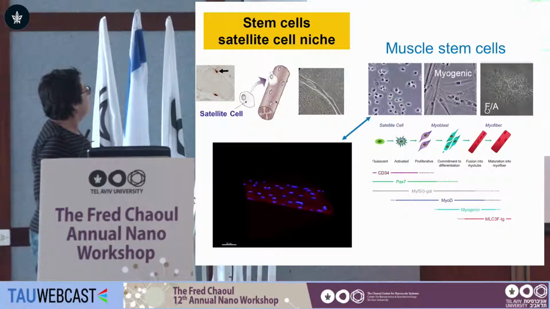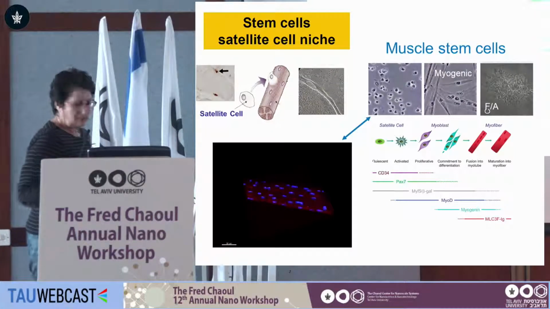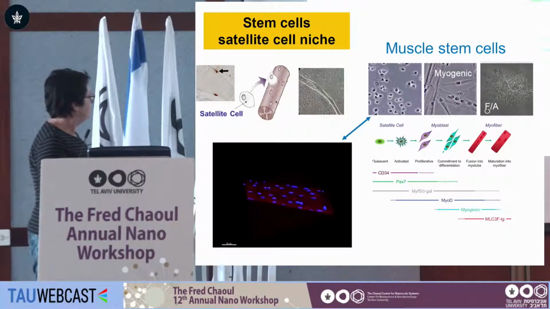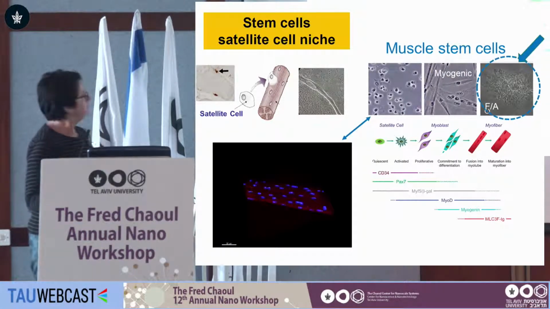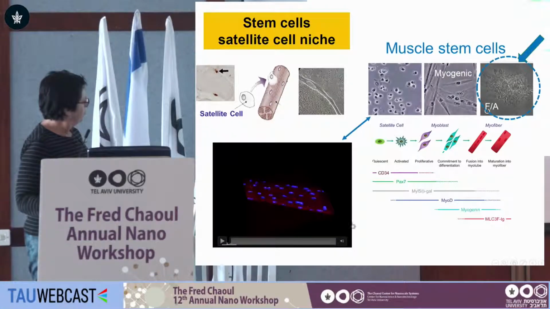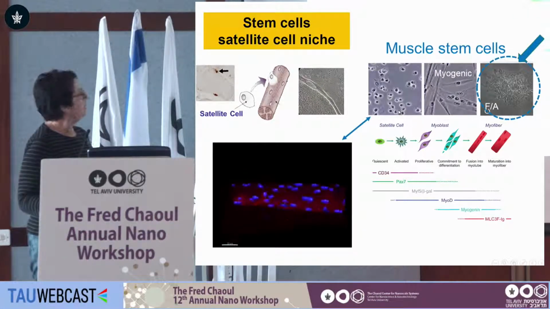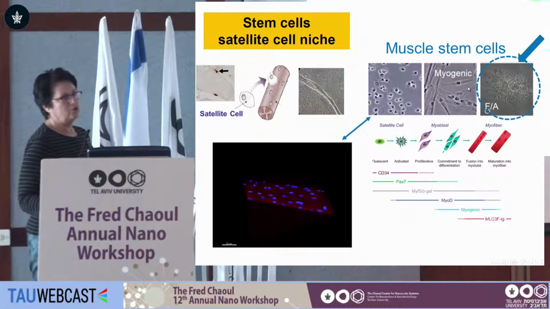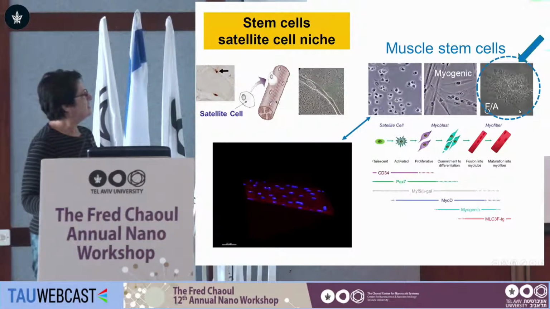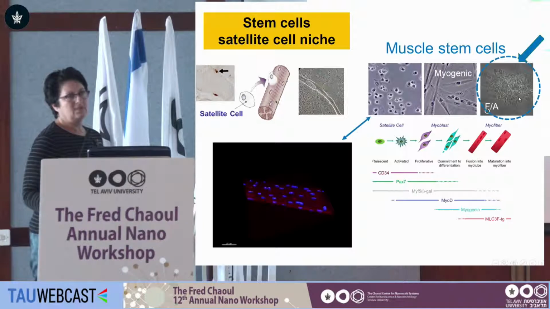Very briefly, if we look at a myofiber, we can identify the stem cell of the fiber, culture it in vitro, and differentiate it into myogenic cells. However, under some conditions, we get cells that are not myogenic; they are fibroblastic or adipogenic.